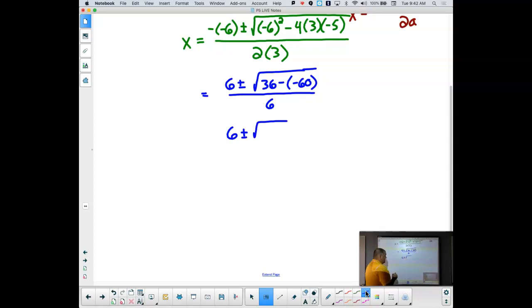36 minus negative 60 is 96. Oh, what perfect squares go into 96? 16 does, right? Is that 6 times?